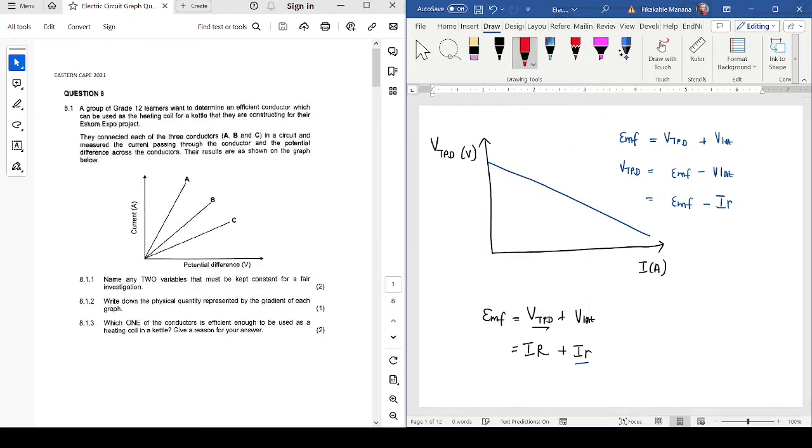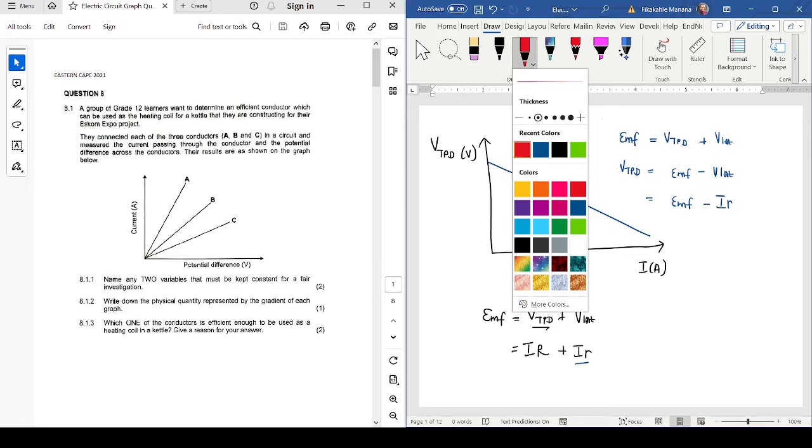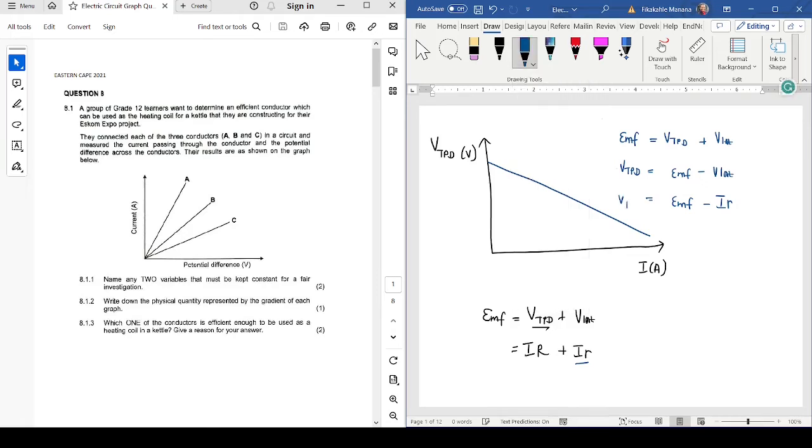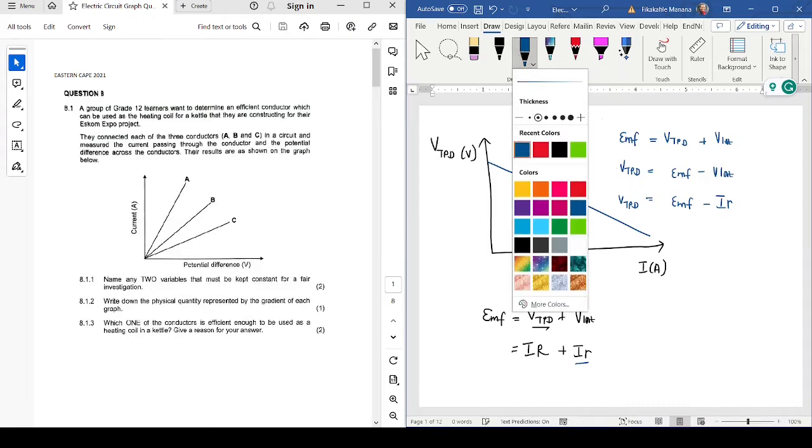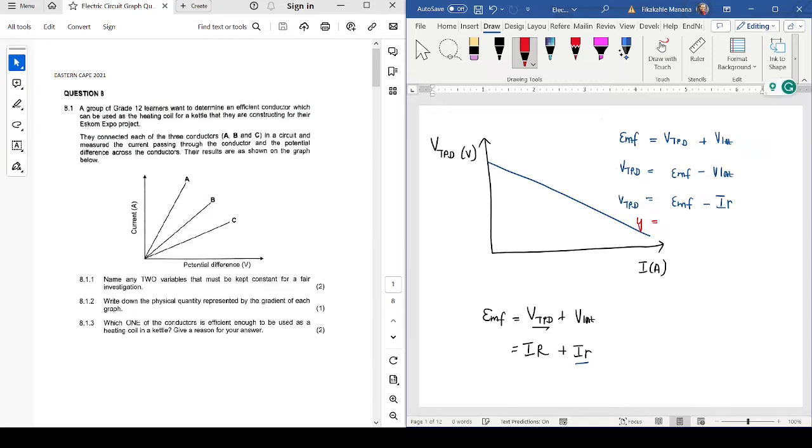If we were to get the gradient, think about this function being y equals mx plus c. This would be your y, EMF would be your c, R would be your m, and I would be your x. Why? Because I is on the x-axis and terminal potential difference is on the y-axis. That's why the R has to be the gradient.